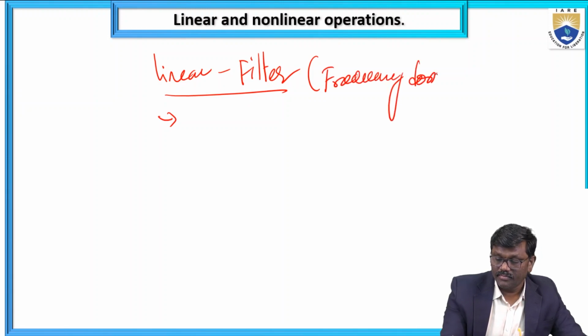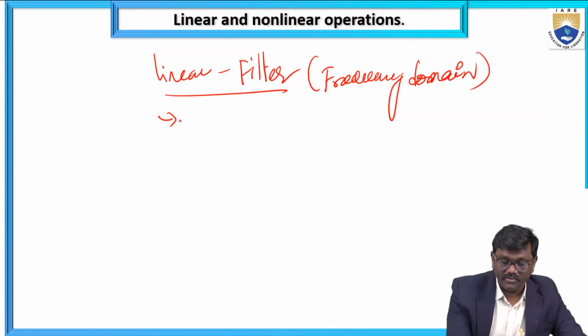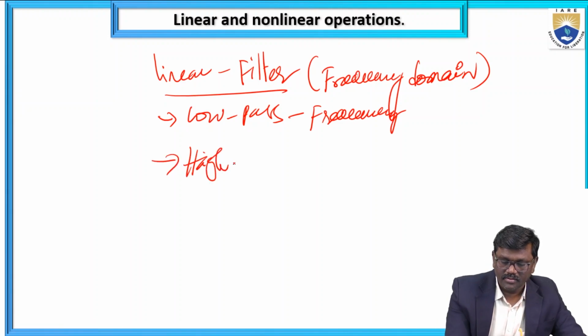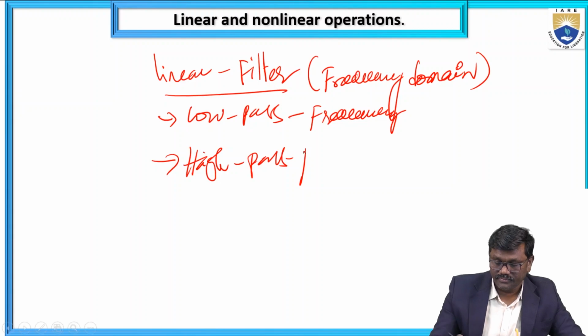One is the low pass filter, low pass frequency values. Number two, the high pass filter.